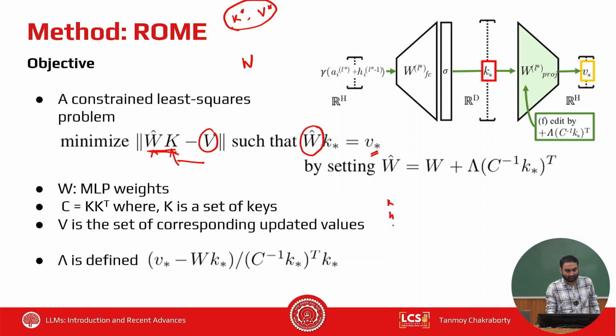There are many other keys, K1, K2, K3, V1, V2, V3. For those, I don't want to edit anything. I only want to return the updated values for the updated keys. So I want to modify W. Earlier this is W. Now the updated parameter of the MLP is W hat.